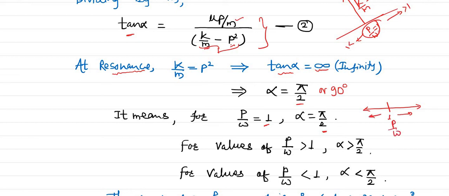So p by omega is either equal to 1, less than 1 or greater than 1. So if p by omega is equal to 1, then alpha is equal to pi by 2. If p by omega is greater than 1, then obviously alpha is also greater than pi by 2, and if p by omega is less than 1, then alpha is also less than pi by 2.